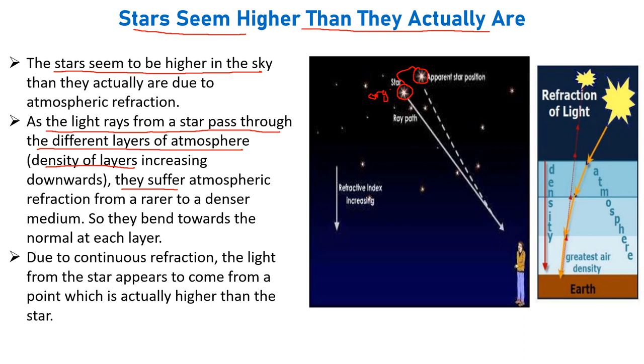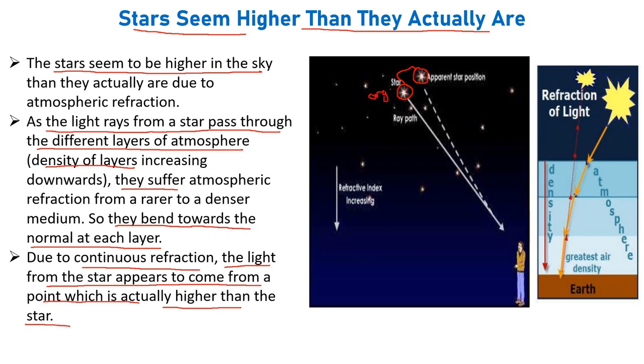Due to the refraction, the light bends towards the normal at each layer, as I discussed in the previous slide. Due to the continuous refraction, the light from the star appears to come from a point which is actually higher than the star.